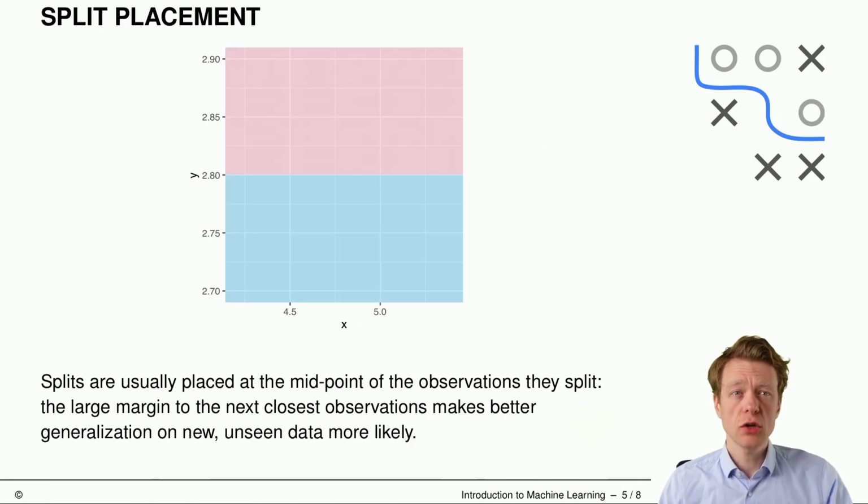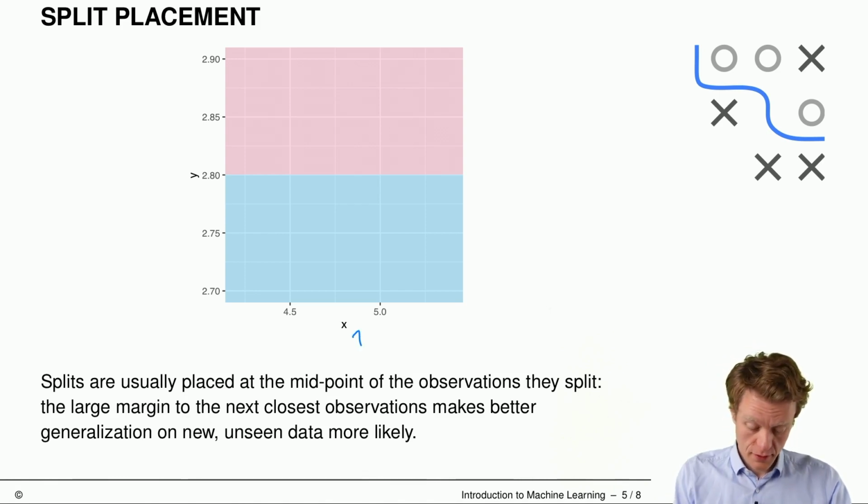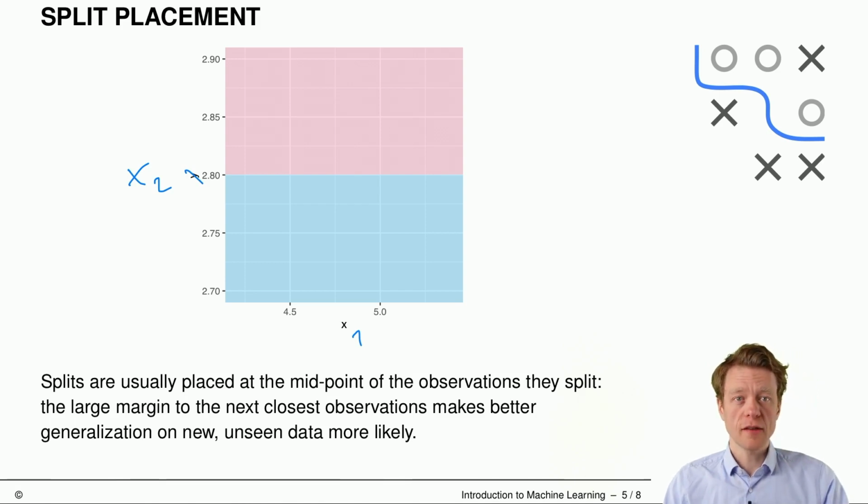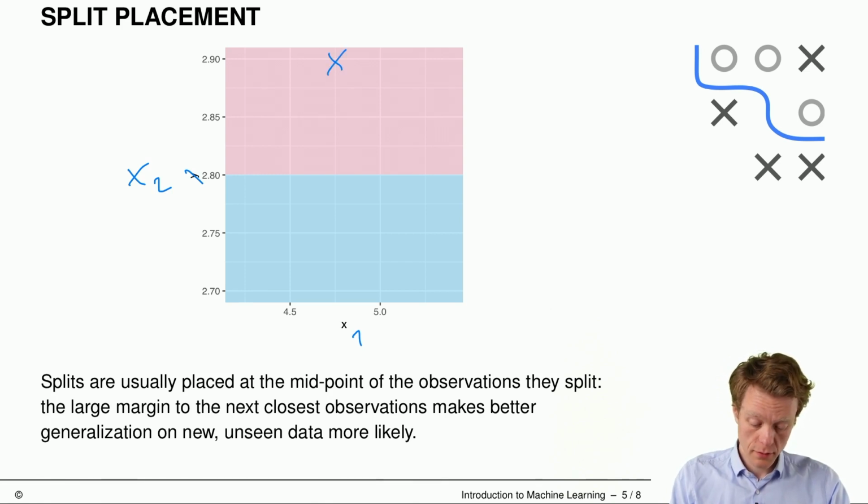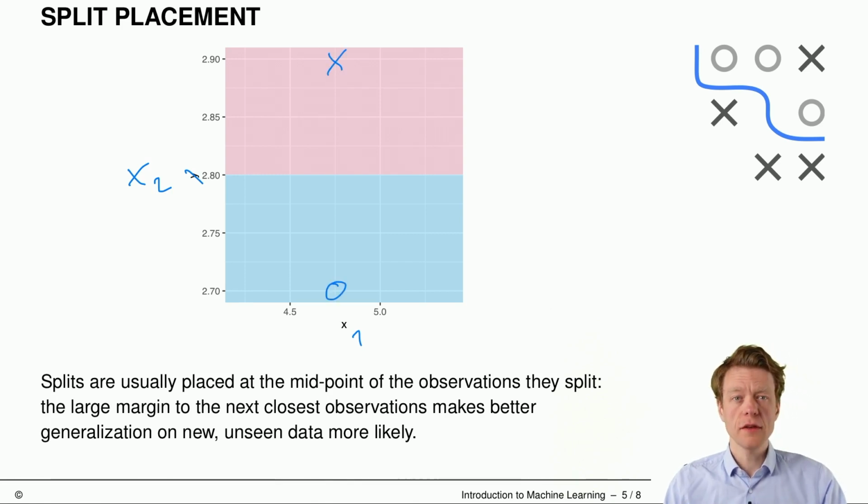Now the question is, how do we split this? How do we place the split exactly? So let's say we have two features, x1 and x2, and we have data points here and there, and these are of two different classes.